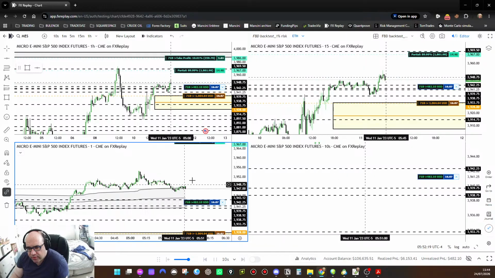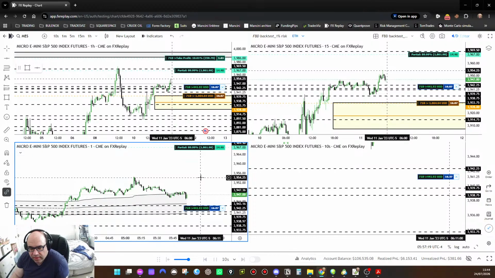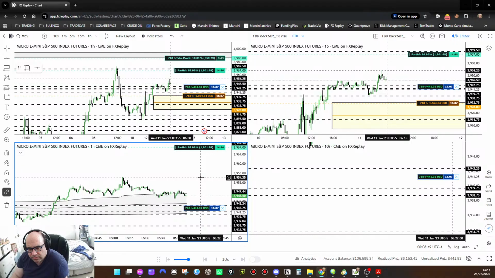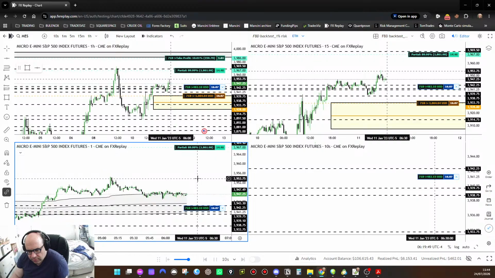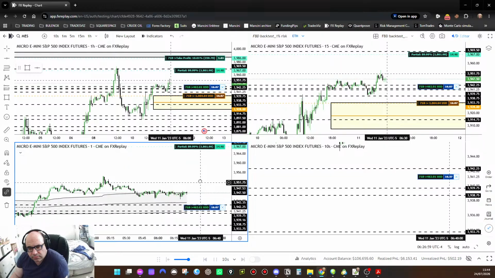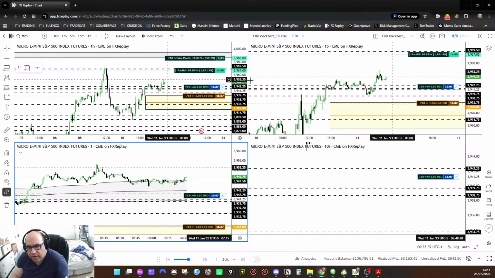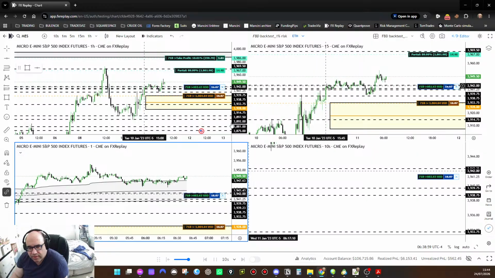So we're overnight now. That's why there's no volatility. Let's see when the market opens. We may hit the target. So we can see that the market did actually break out from this area. Now it's actually retesting it.